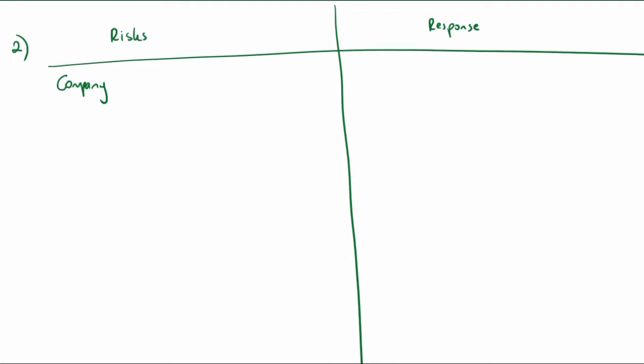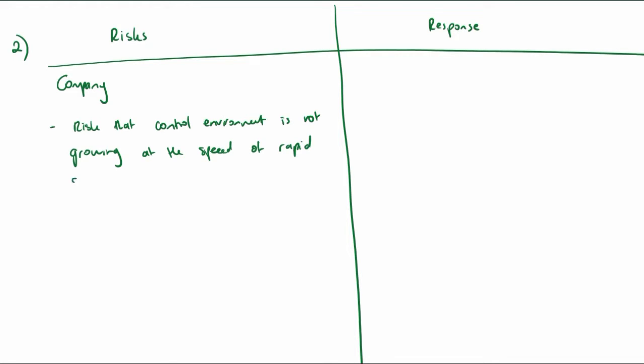Alright, so I'm going to say, there's a risk that the control environment is not growing at the speed of the rapid growth of the entity or the company, and therefore there could be material misstatements.